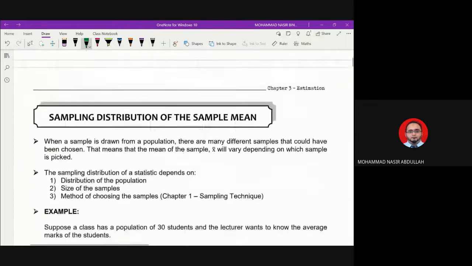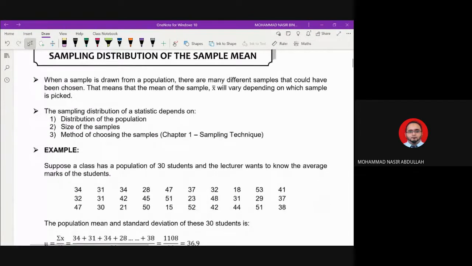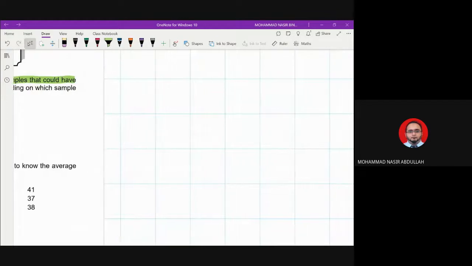Before we dig further into point estimation, let's look into the sampling distribution for the sample mean, right? When a sample is drawn from the population, there are many different samples that could have been chosen. As I illustrated before, let's say you have a population here, capital N equal to 5,000.